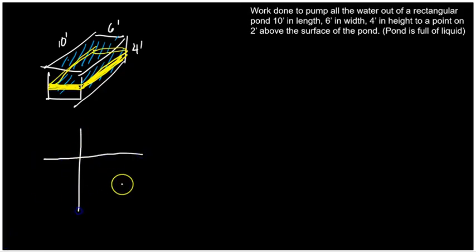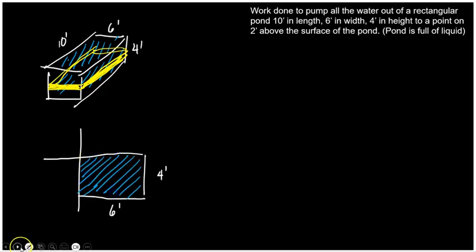If you don't want to multiply everything by 2, since it's just a rectangle, you can just make it 6 feet by 4 feet. It's just the same. Now, this was originally filled with liquid, and then you need to draw your representative element in here. But now, what you need to do is pump the liquid to a point 2 feet above the surface of the pond.